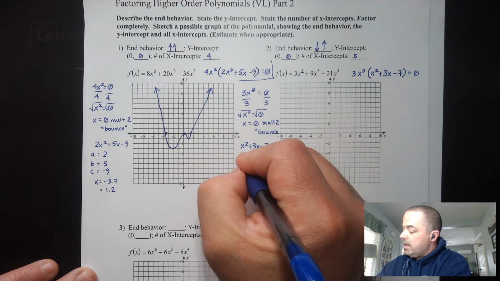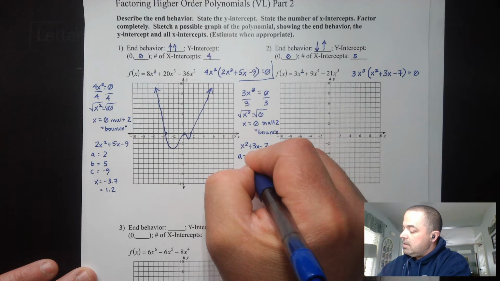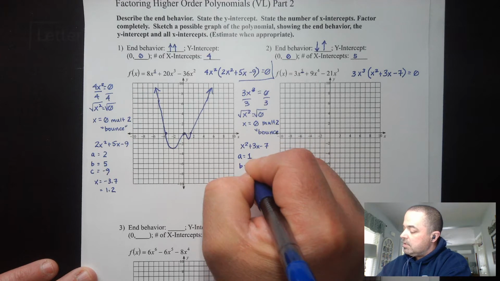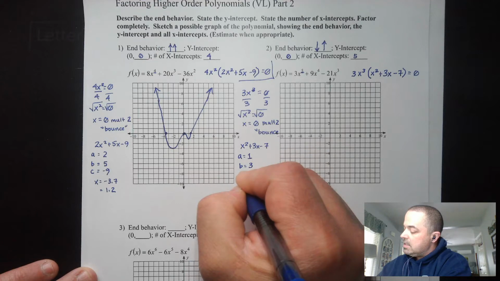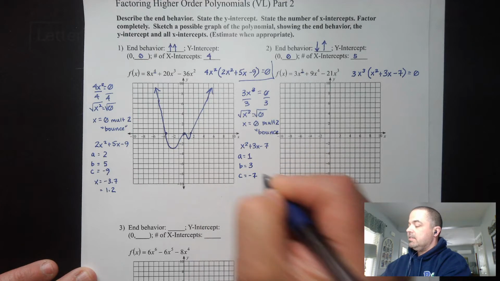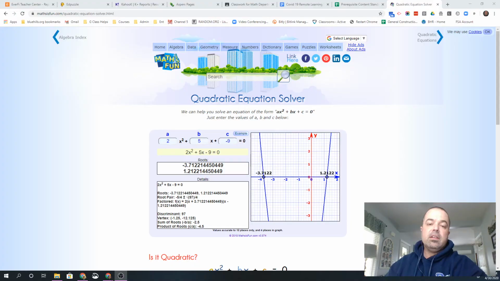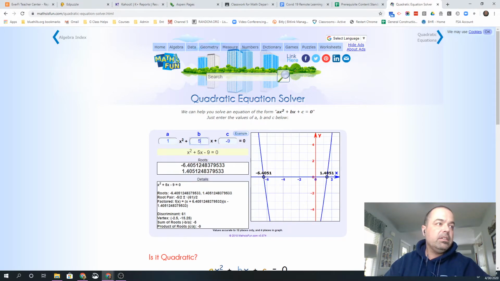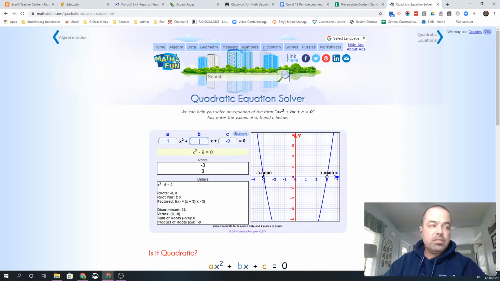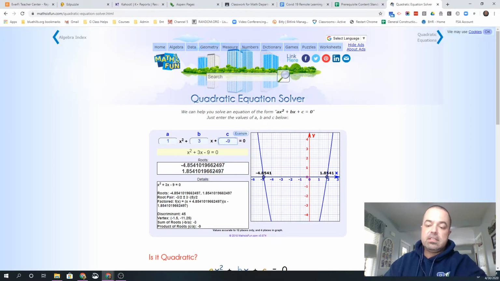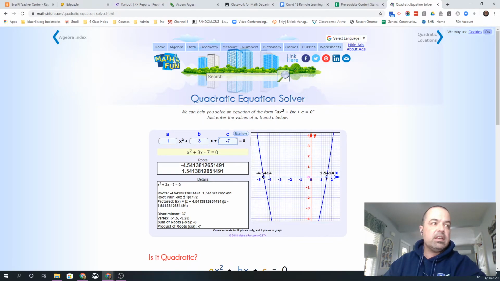So a is equal to 1, b is equal to 3, and c is equal to negative 7. So that means I come back over here to my quadratic solver, and I'm going to type in a is 1, b is 3, and c is negative 7.